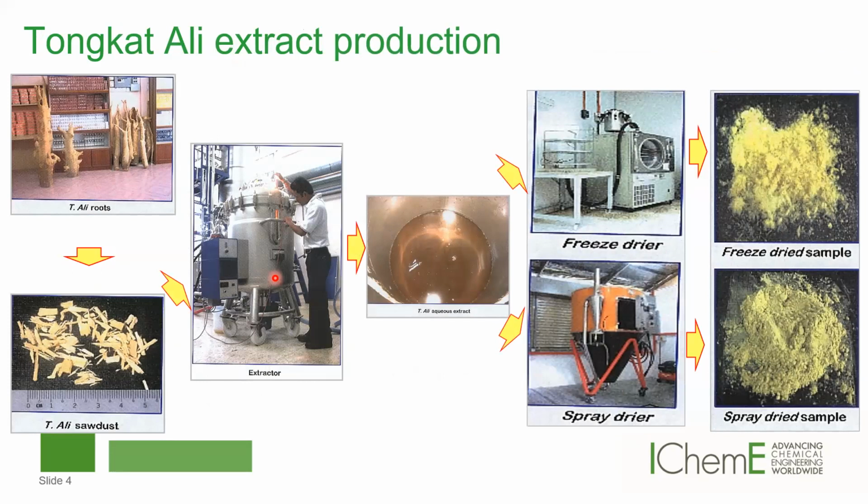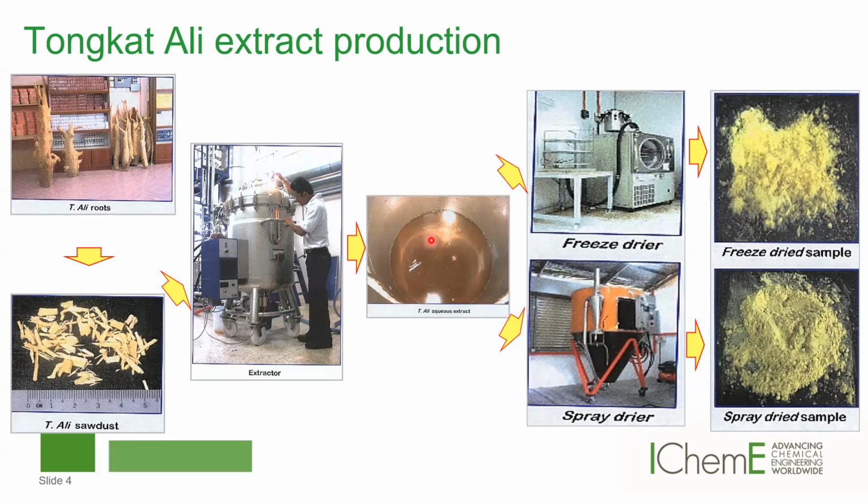And these are some pictures in a Tongkat Ali production plant. First, the roots are sliced, and then put inside the extractor, as mentioned in the diagram.